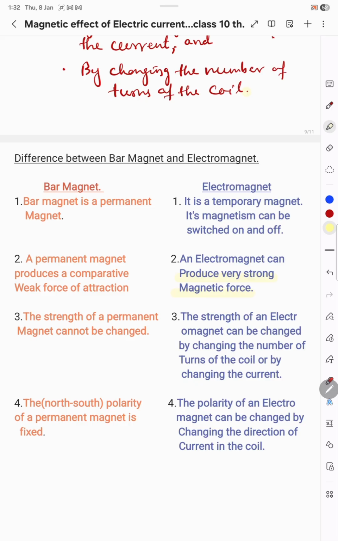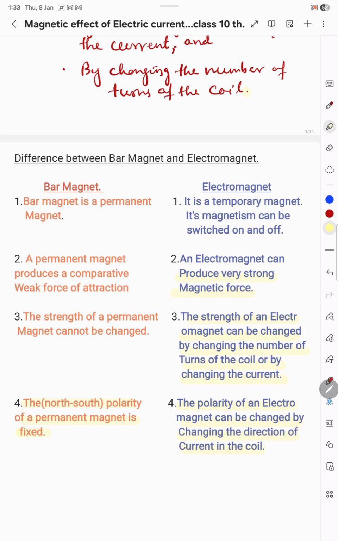The strength of a permanent magnet cannot be changed, but the strength of an electromagnet can be changed by changing the number of turns of the coil or by changing the current flowing through it. The north pole and the south pole of a permanent magnet are fixed. We cannot do anything here. But the polarity of the electromagnet can be changed by changing the direction of the current in the coil.